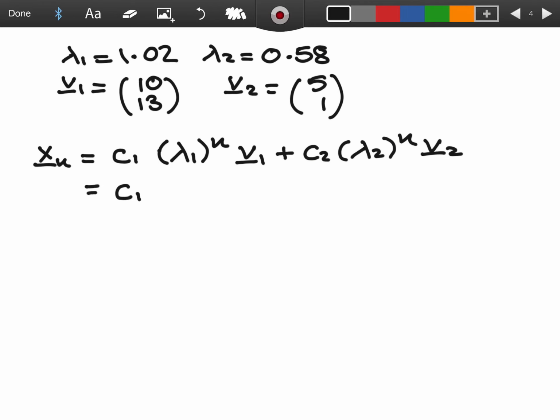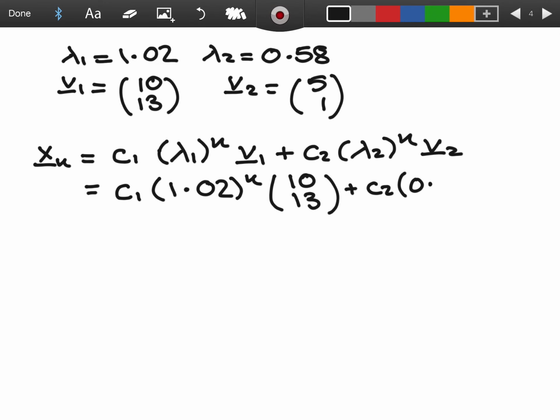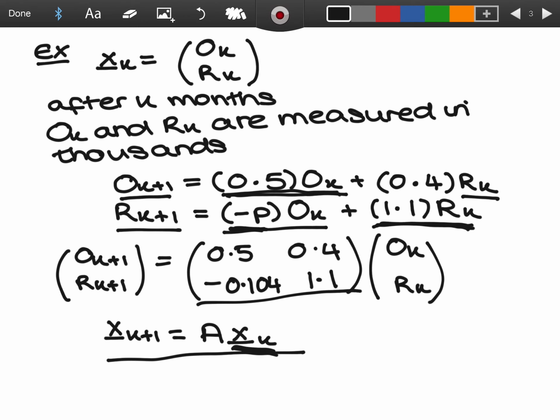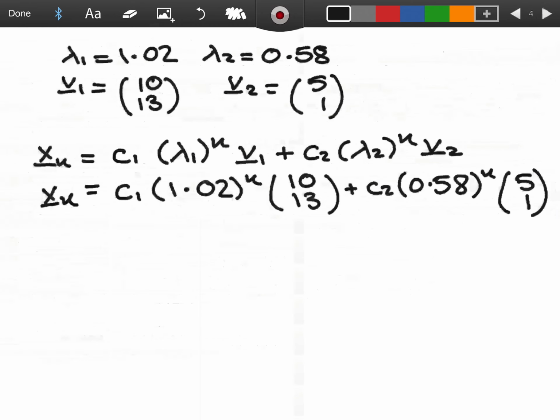So that's going to be C1 times 1.02 to the k times 10, 13, plus C2 times 0.58 to the k times 5, 1. So I know that I can write my kth iteration as this. That kth iteration is the same thing as the kth iteration in here. So I could take this as xk minus 1 multiplied by A is going to give me the kth iteration, and that kth iteration can also be written in this form.